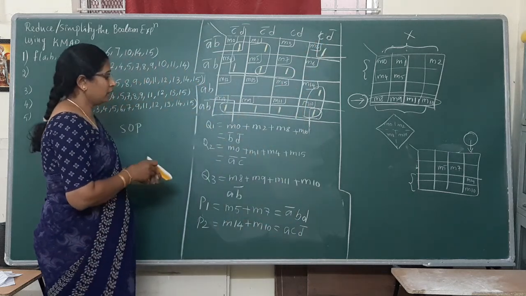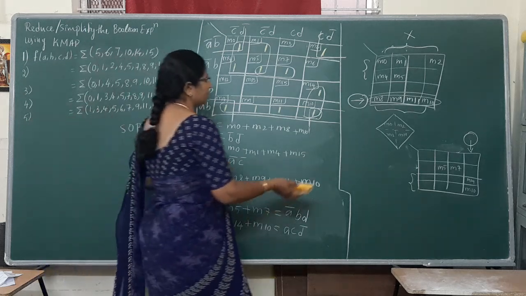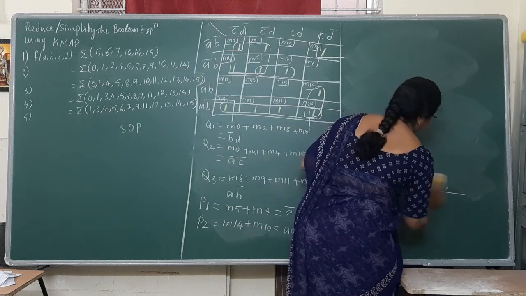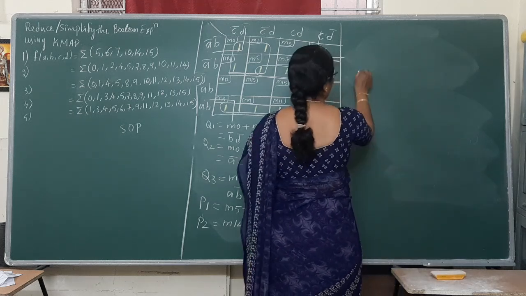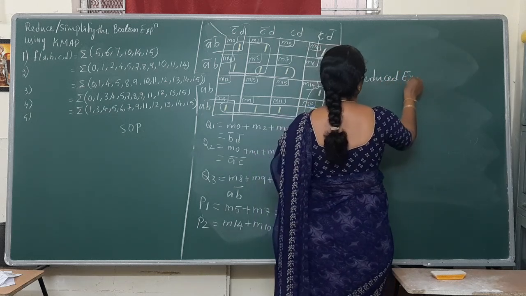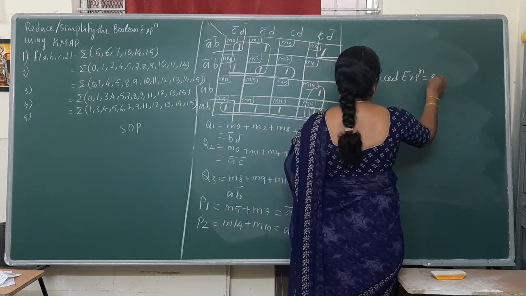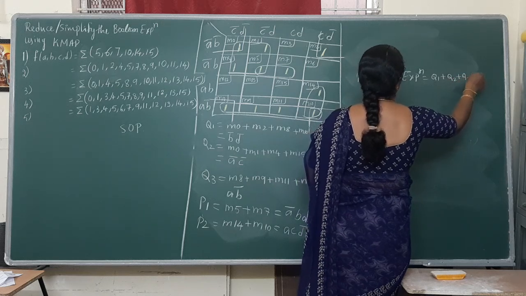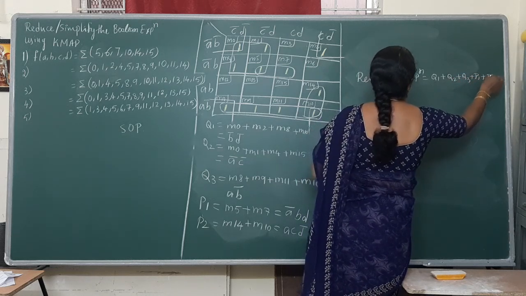So this is your reduced expression. Finally write the expression. Reduced expression equals quad 1, quad 2, quad 3, pair 1, pair 2.